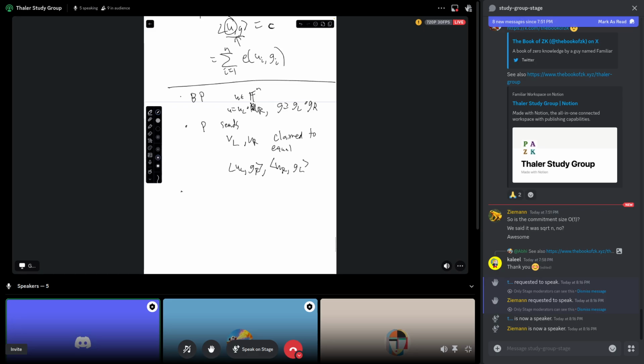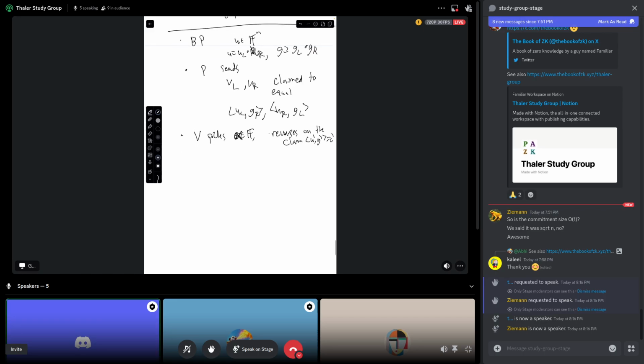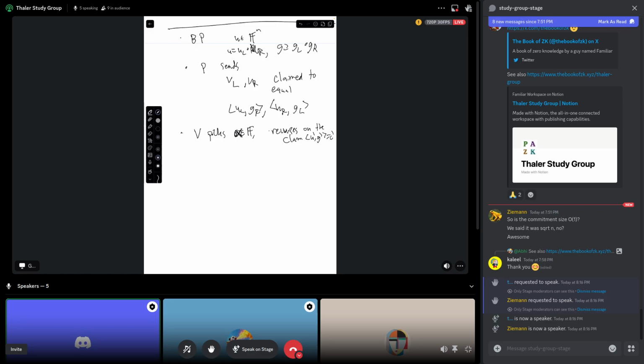Then the verifier picks an alpha at random from the field. I might mess this up a little bit. I think I called it alpha when I presented Bulletproofs. It recurses on the claim that U prime inner product G prime equals C prime. Let me see if I can get this right.